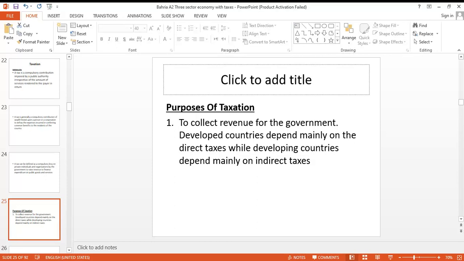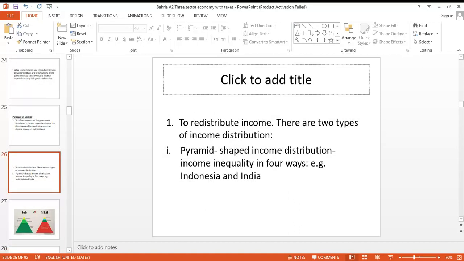It becomes the revenue of the government. All right. And developed countries depend mainly on tax. The underdeveloped countries, the less developed countries can get grants, they can get loans from agencies, but the developed countries don't do that. They mainly rely on tax as their source of revenue, the government.